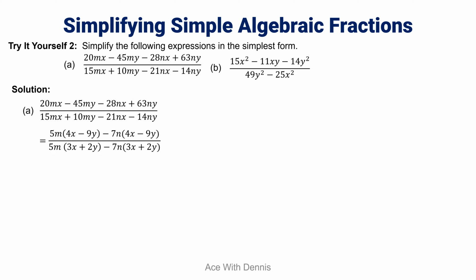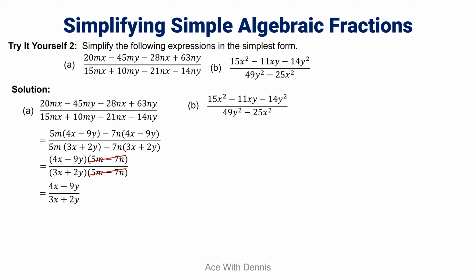From here, the numerator has the common factor of 4x minus 9y, and for the denominator, we have 3x plus 2y. If we factorize these two common factors, we will have 4x minus 9y times 5m minus 7n over 3x plus 2y times 5m minus 7n. Then we can cancel out the 5m minus 7n, and the answer will be 4x minus 9y over 3x plus 2y.